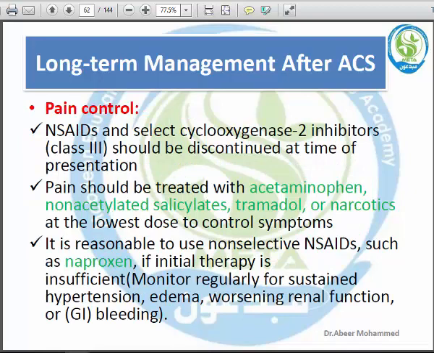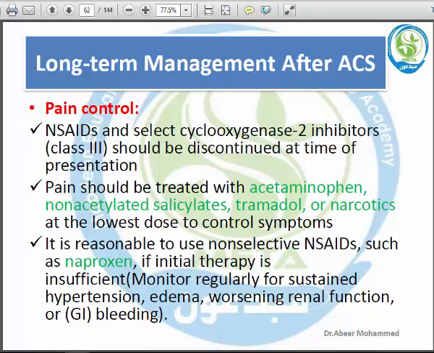For pain control, NSAIDs, non-steroidal anti-inflammatory drugs, and cyclooxygenase 2 COX-2 inhibitors are contraindicated for patients with acute coronary syndrome. We can control the pain: if the patient complains of arthritis or general pain, we can just use acetaminophen, that means paracetamol, or non-acetylated salicylate.